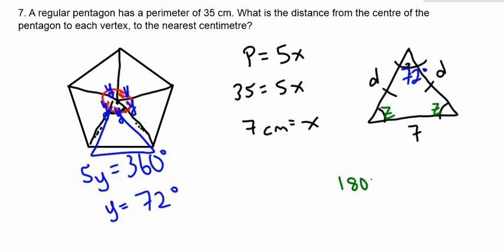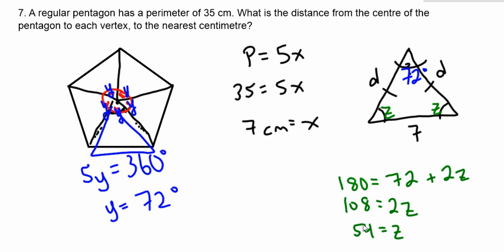In a triangle, the sum of the angles is 180. So in this triangle, I have 72 plus 2 Z's. Solving for Z, 180 minus 72 is 108. And then divide that by 2, and I get 54. So each of these angles here is 54 degrees.